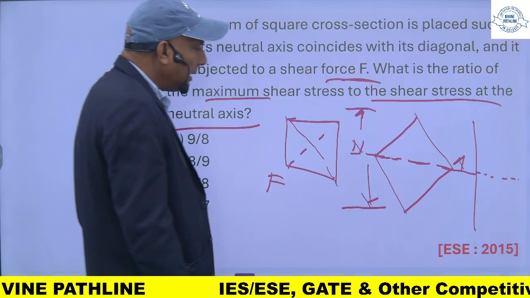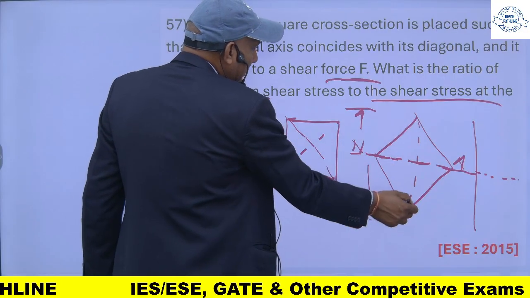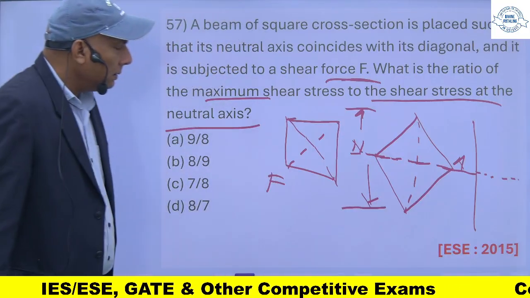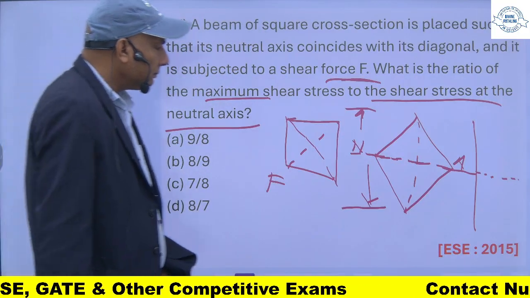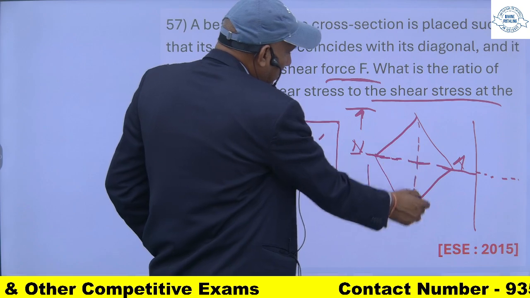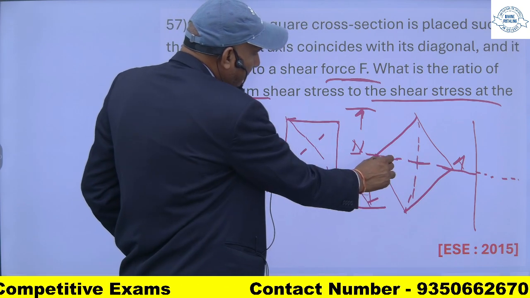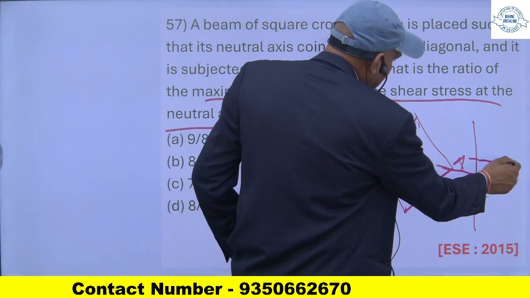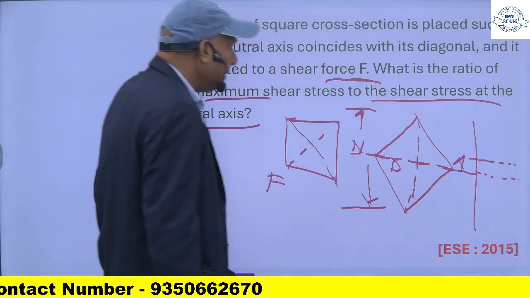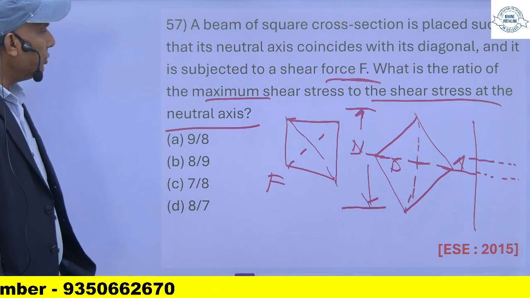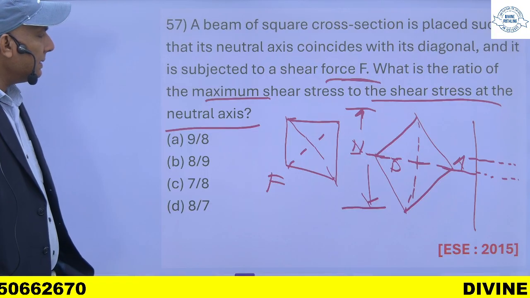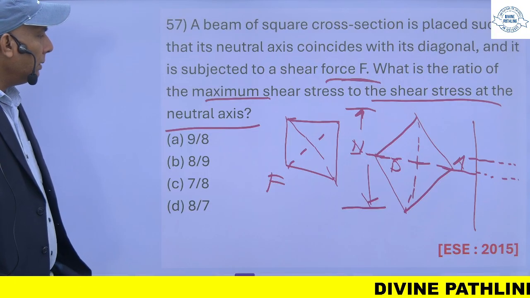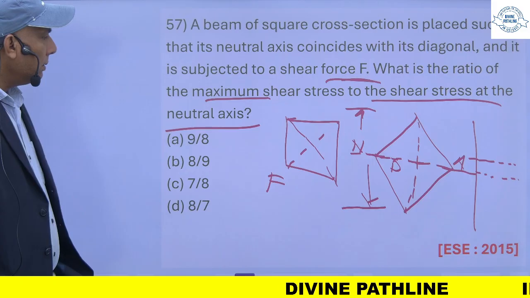So this total height, suppose this is D. What is the ratio of the maximum shear stress to the shear stress at the neutral axis?